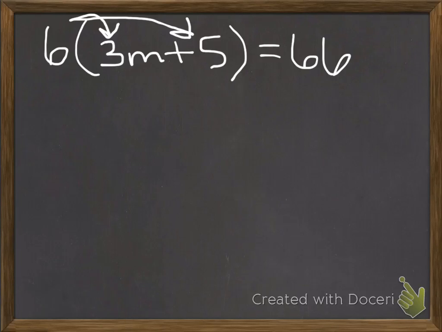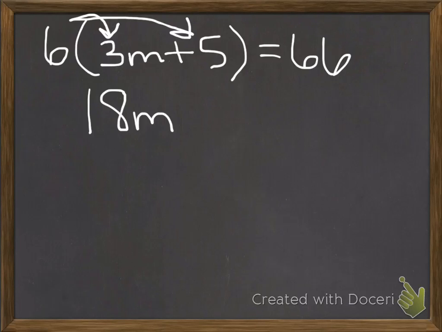So 6 times 3m is what? 18m. Another key point is that if it's multiplication or division, you can combine them. Combining like terms only applies to addition and subtraction, so be careful with that. If you see a 6 and a 3m, don't think you can't distribute because the 3 has an m.